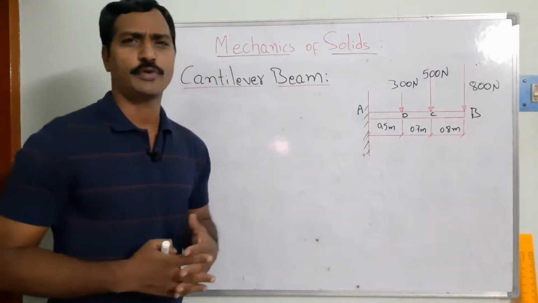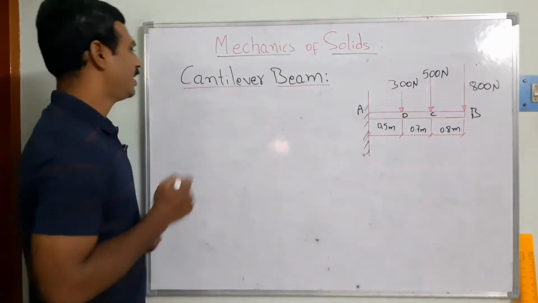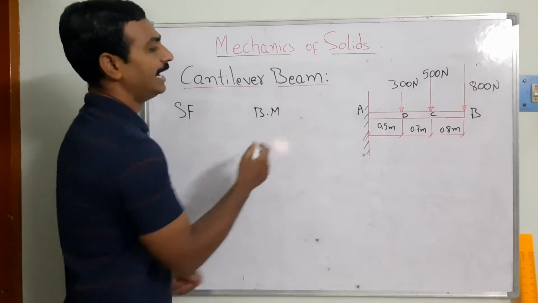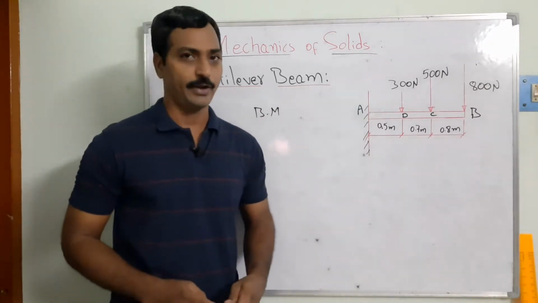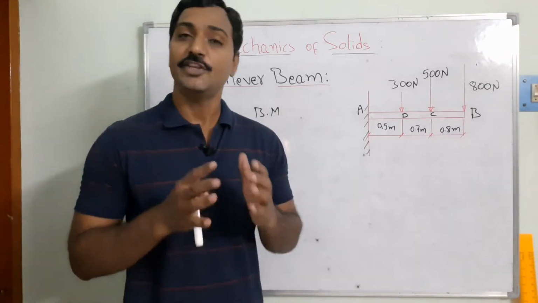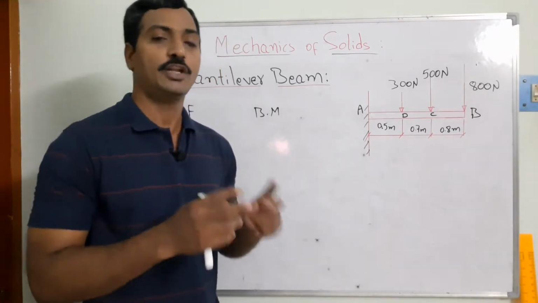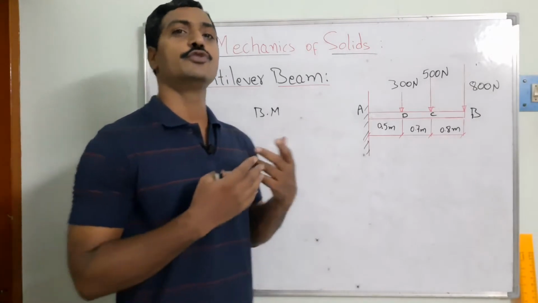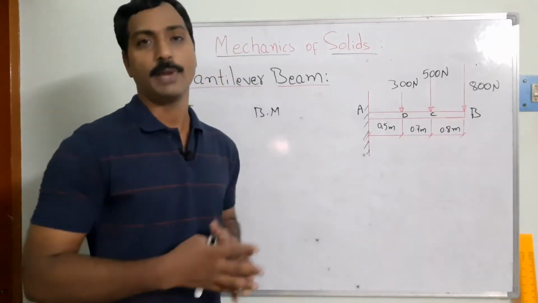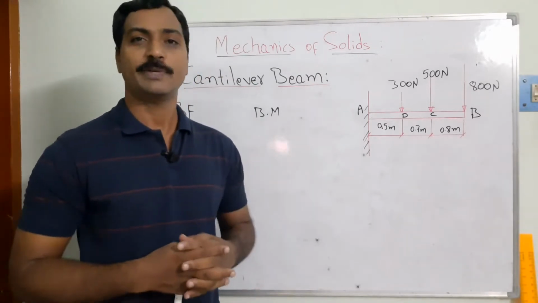Now what is our main goal? What do we want to do over here? We need to find out the shear forces as well as the bending moment at any section of the beam. Because we know the beam is the engineering member we are widely using for different applications. We can use it in automobiles, civil structures, or aeroplane and aerospace structures also.